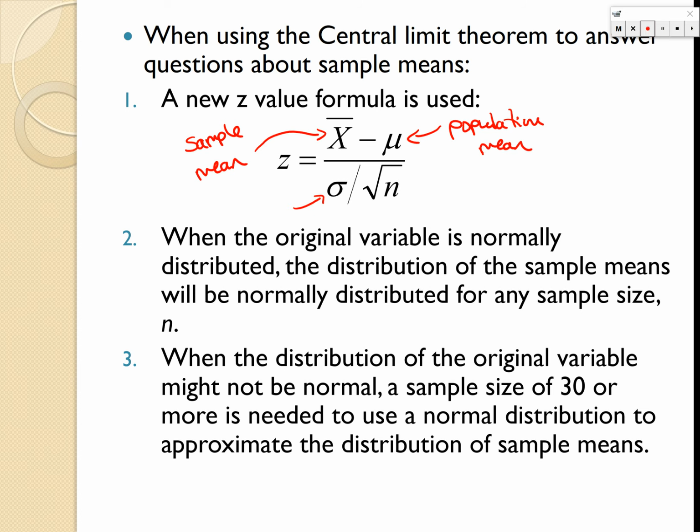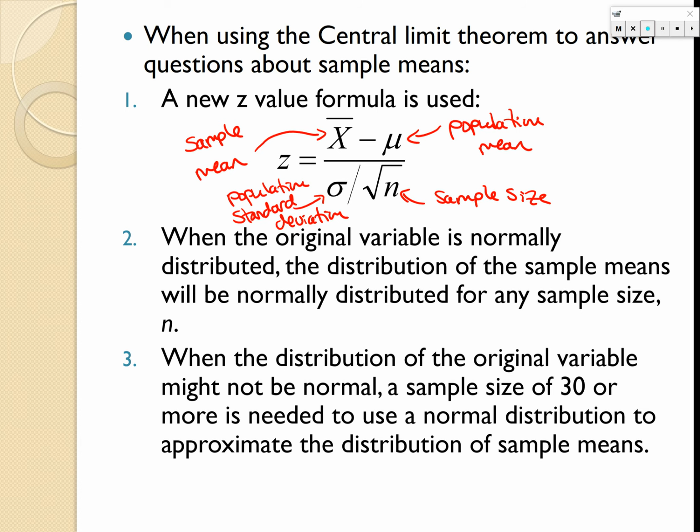The lowercase sigma, that's your population standard deviation. And then that lowercase n is your sample size. So just the n, not the square root of n, being your sample size, just the n is your sample size. So that's our new z-value formula.